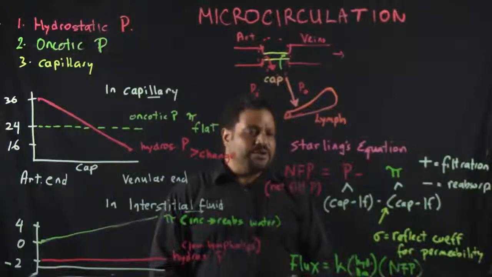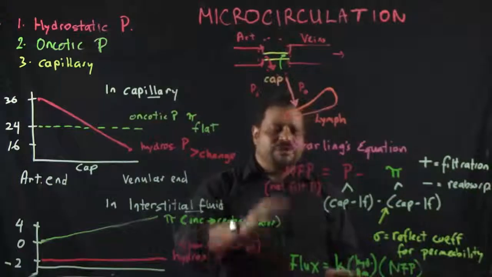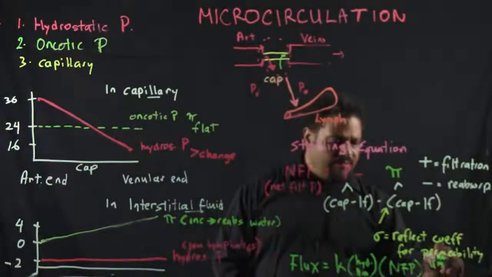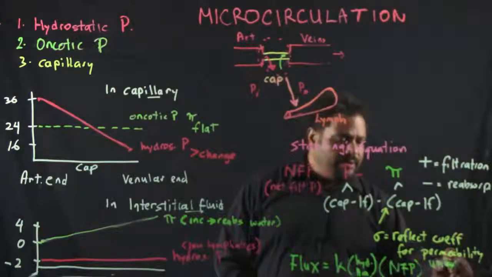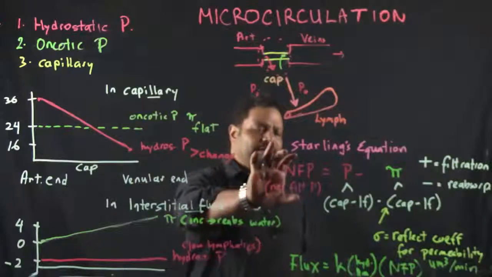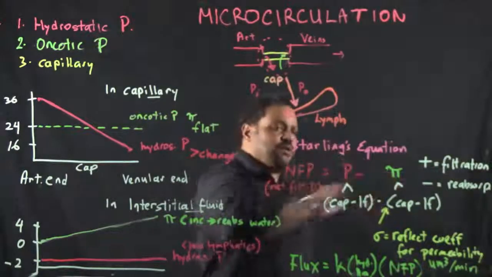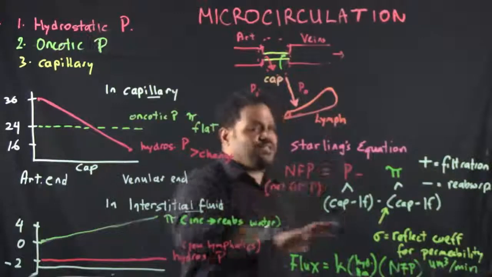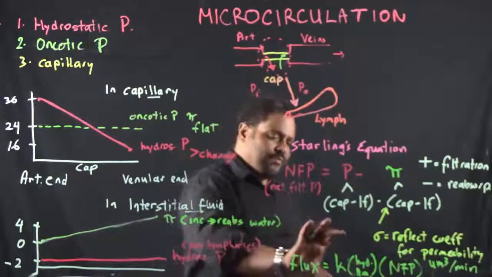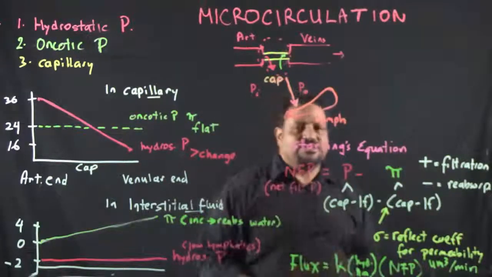So essentially you're changing the net filtration pressure from a pressure to a flux of volume per minute. We can calculate the net filtration pressure, which is the hydrostatic pressure minus the oncotic pressure. To change that pressure into a flux of volume that is filtrated, we plug a constant in front of this net filtration pressure equation.